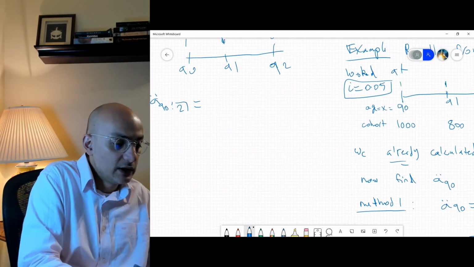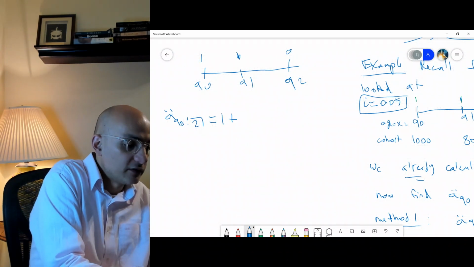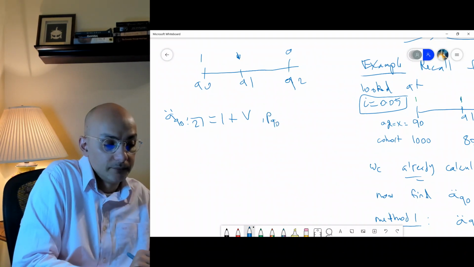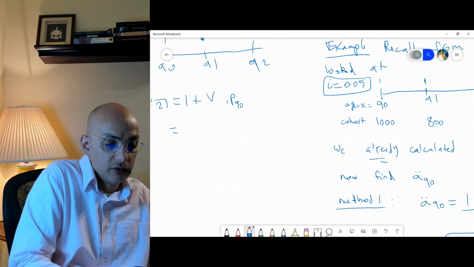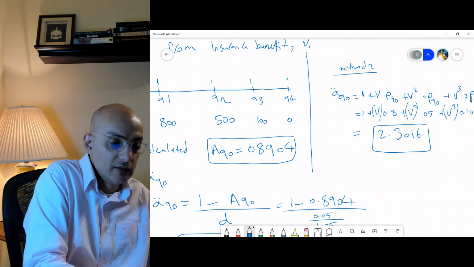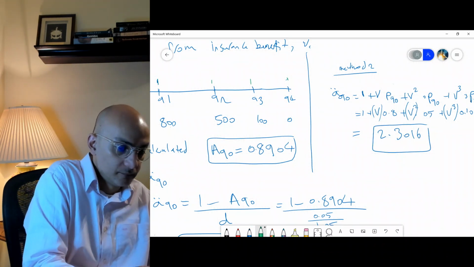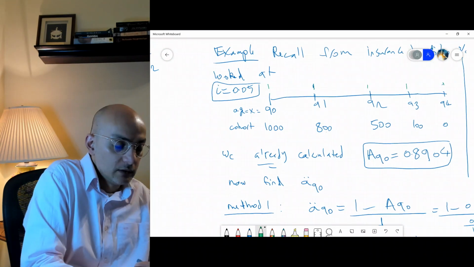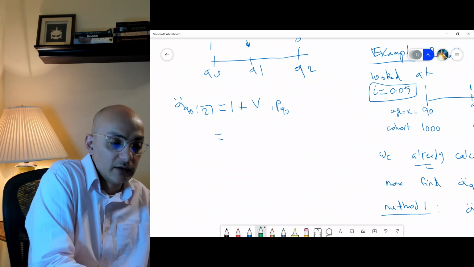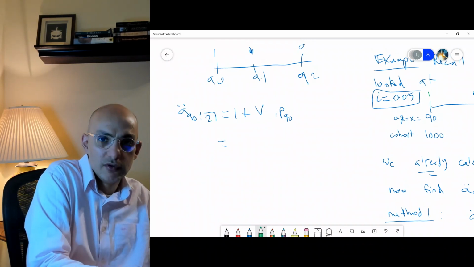So now we calculate this one is 1 plus V. To get the $1 here, you need to survive this year. So P90, right? Or if you go back to our calculation here, you calculate these two terms. So you need to be careful here. You have 2, you stop at n-1. You see why we stop at n-1?